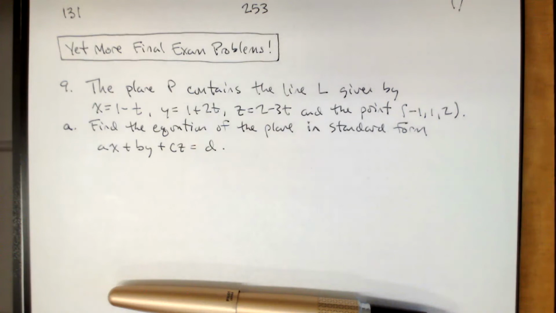I like standard form for the specific reason that it has the normal vector right in the coefficients. This is one of the things that we miss out on in standard form of the equation of a line. The coefficients in the equation of the line ax plus by equals c, the a and the b are components of a line perpendicular to the line that we're describing.